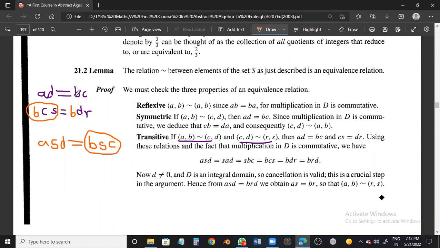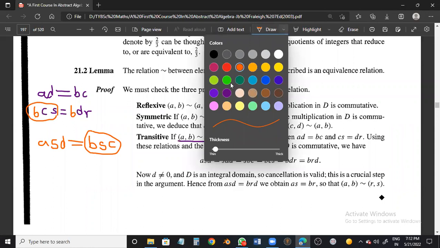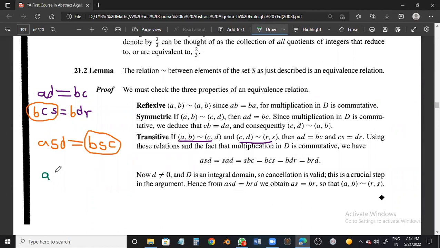So we'll equate the corresponding sides. If I equate the corresponding sides, what do I get? The left side was ASD and the right hand side was BDR, and you can check D is common, and you are dealing with an integral domain.